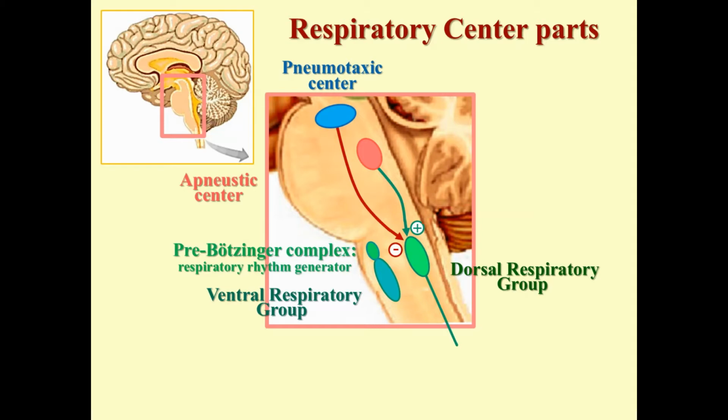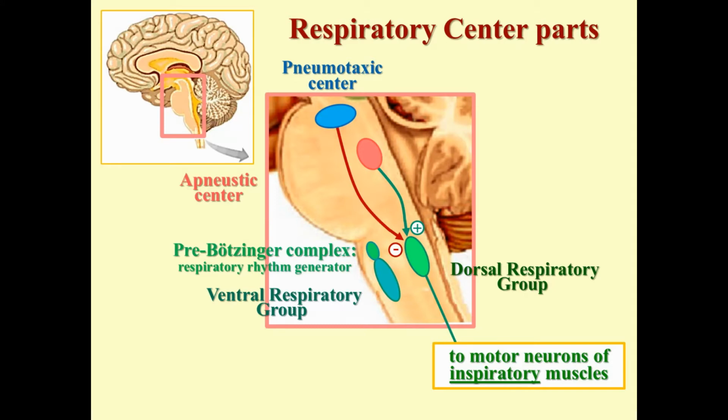The final output goes from the dorsal respiratory group of neurons, regularly and rhythmically sending impulses down to the spinal cord to the motor neurons of the inspiratory muscles. In case of quiet, regular respiration, the expiration goes passively, and it's enough just to relax the inspiratory muscles.